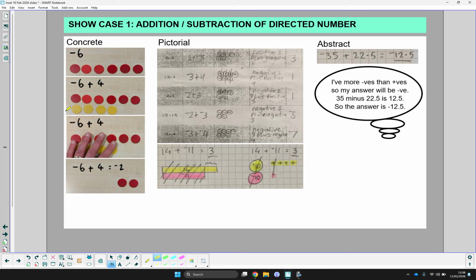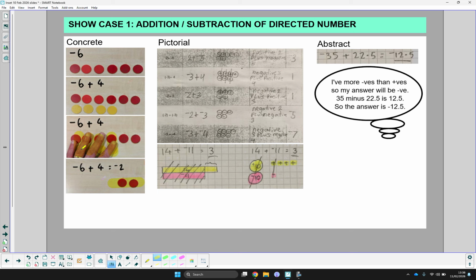I've then added +4, and then I'm keeping an eye out for these zero pairs here. I know they have a value of nothing, so I remove them, and I see that I'm left with -2.